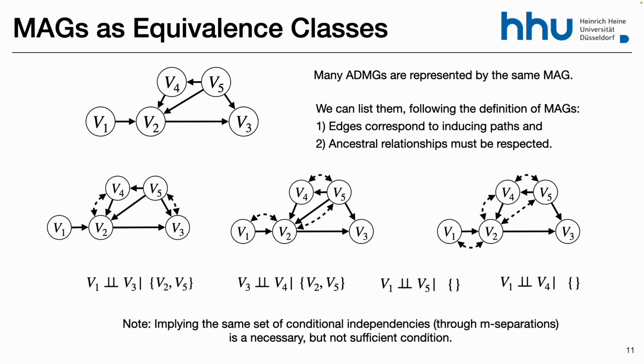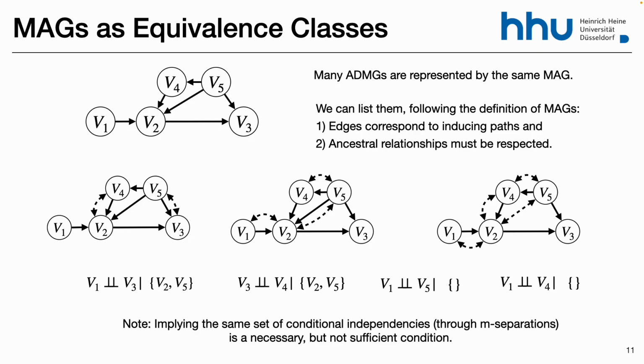If I consider just the conditional dependencies, what is the representation that shows all the models that encode the same conditional dependencies? Do you remember? It's not a MAG, it's a class of MAGs.